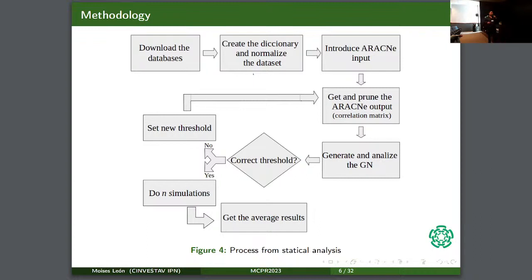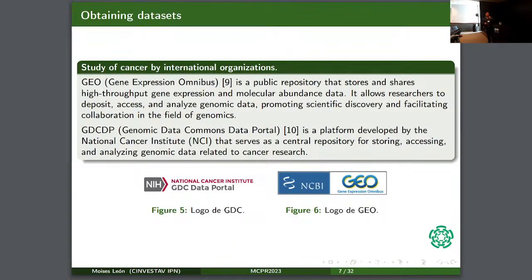We use some pre-hooks to run this co-expression matrix, and if we see that we have a good threshold, we do some simulation, and if not, we modify the threshold and repeat the process. And finally, we get the average of the results.